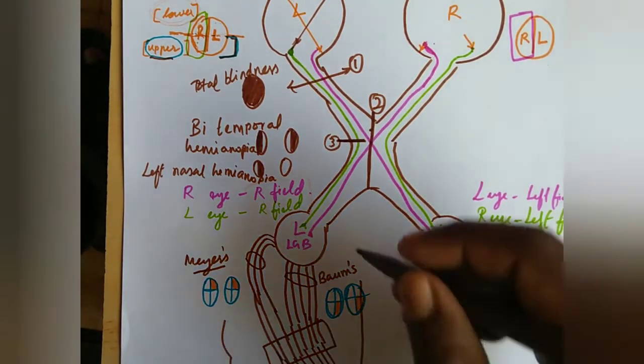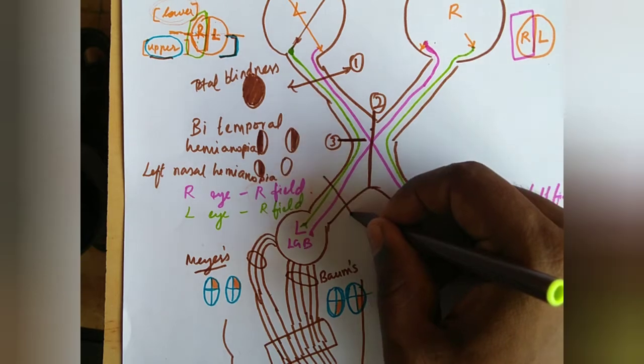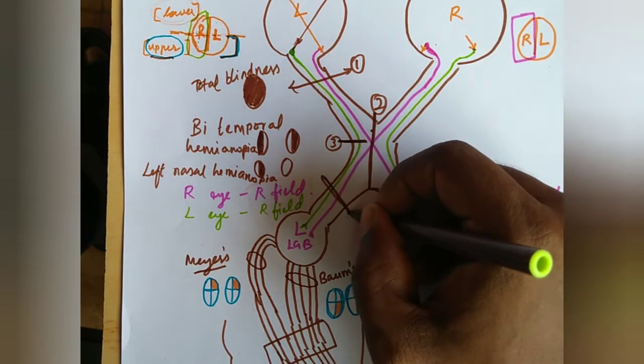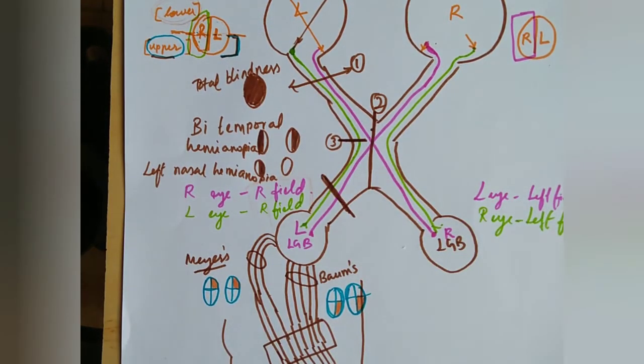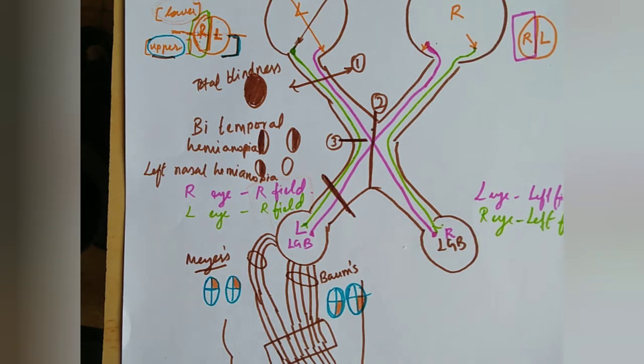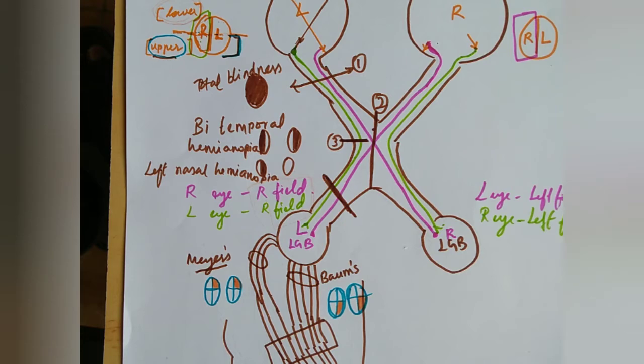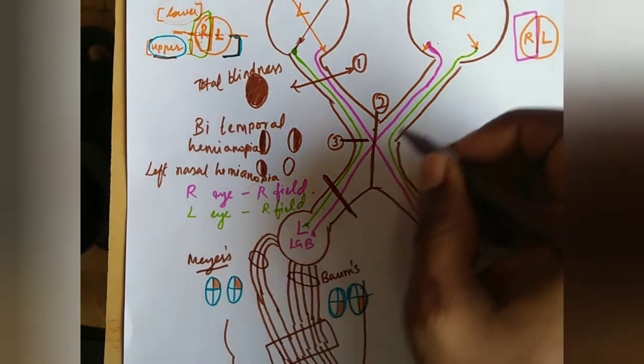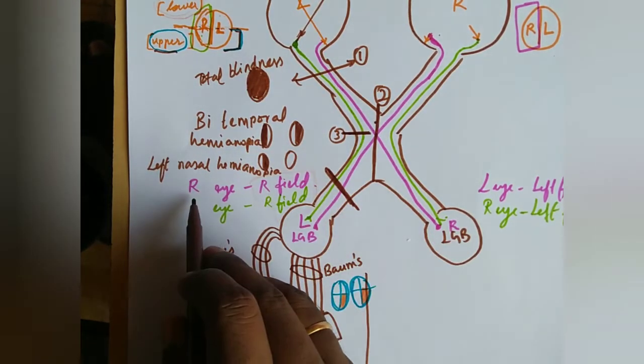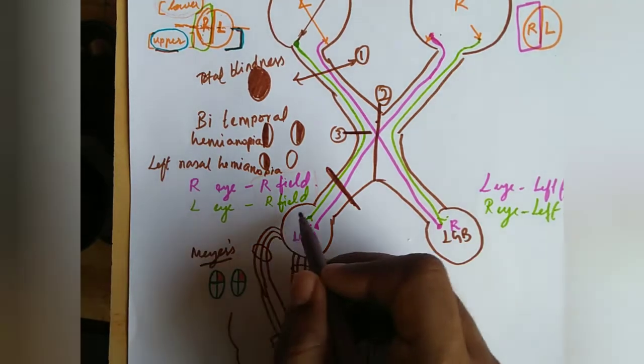The next situation is the injury happening at the optic tract level. When the injury is happening at the optic tract level, just imagine it is having the right eye's right field and left eye's right field.